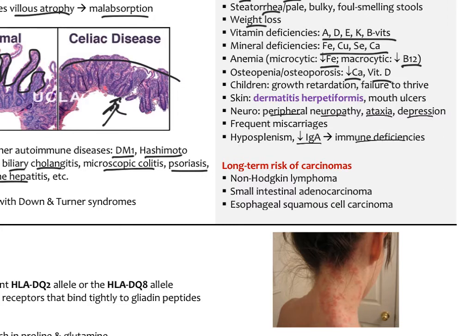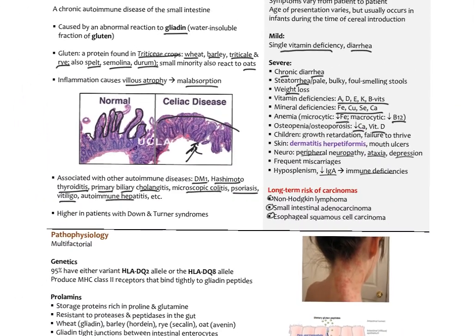There is a long-term risk from the chronic inflammation in the small intestine wall of different cancers, specifically non-Hodgkin's lymphoma, small intestinal adenocarcinoma, and esophageal squamous cell cancer. So these have all been correlated, with increased risk in celiac disease.